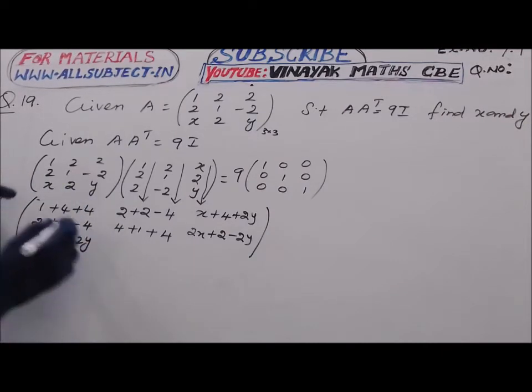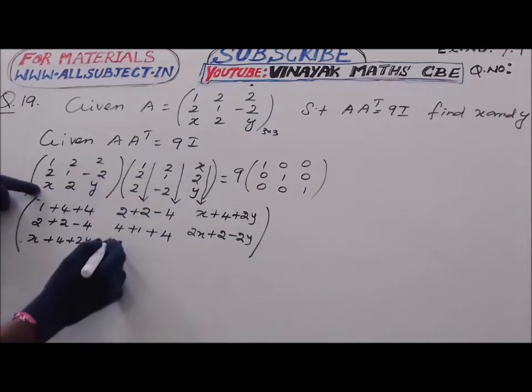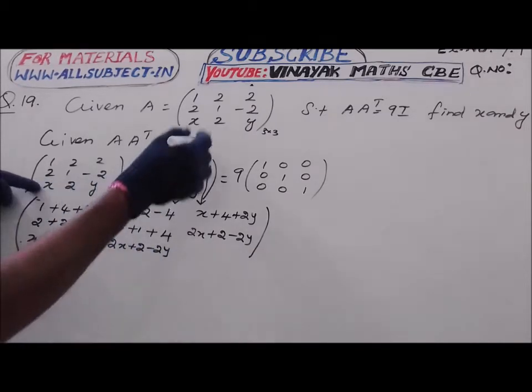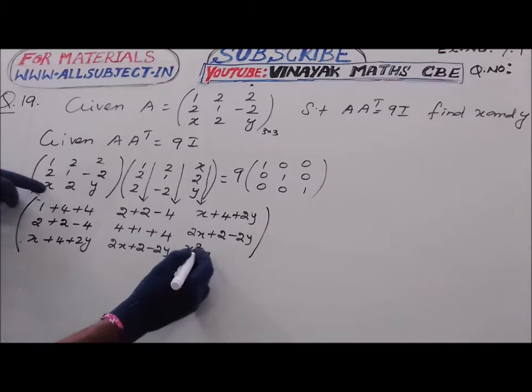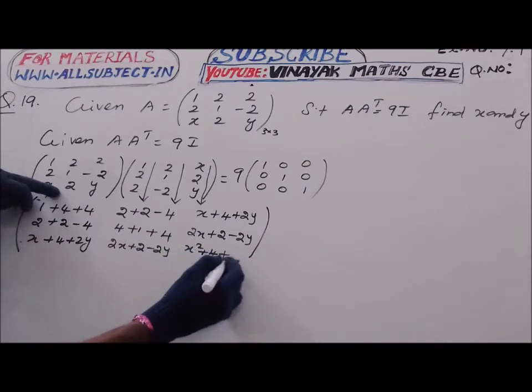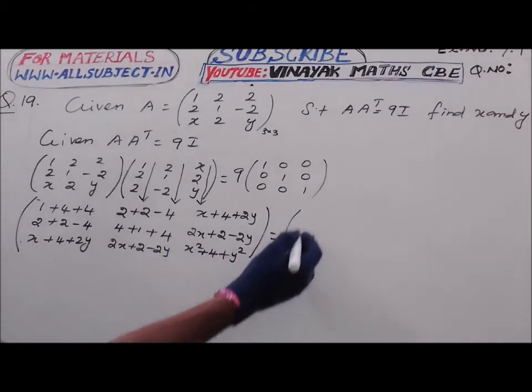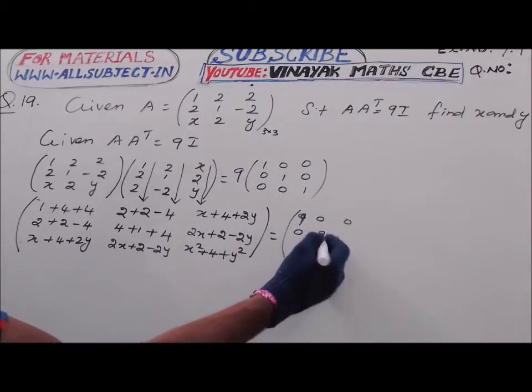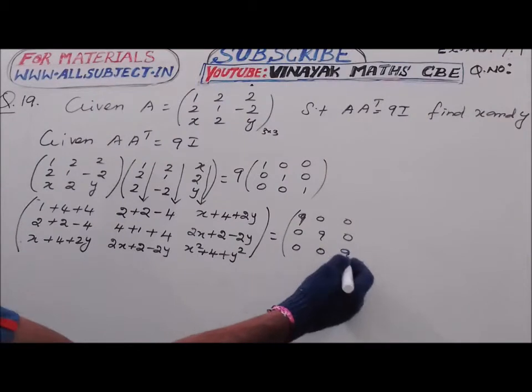Then the second column: 2x plus 2 minus 2y, and the third column: x square plus 4 plus y square, equal to [9, 0, 0; 0, 9, 0; 0, 0, 9].